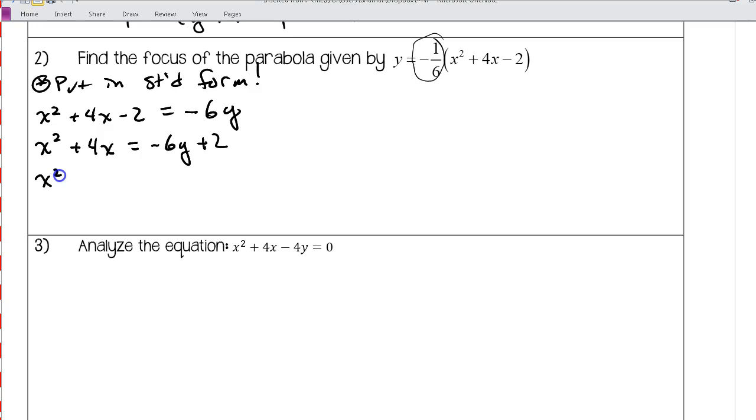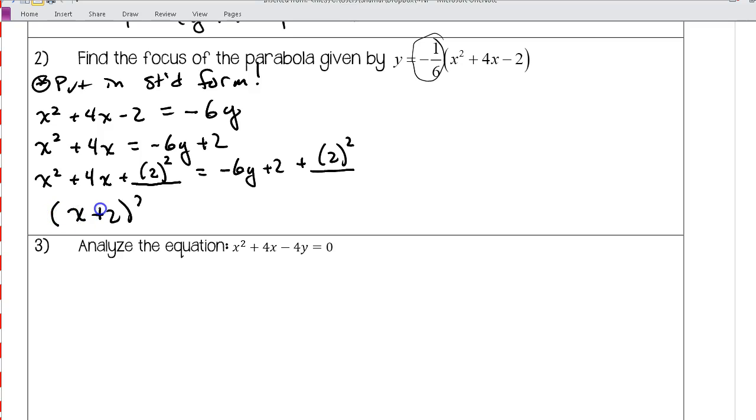Then we're going to go ahead and complete the square. So x squared plus 4x plus something over here is equal to negative 6y plus 2 plus something over here. I'm going to take half of my b term, so half of that is 2, and square it. Since I added on the left, I have to add it on the right. Now this becomes a perfect square trinomial, which will factor to x plus 2 squared.